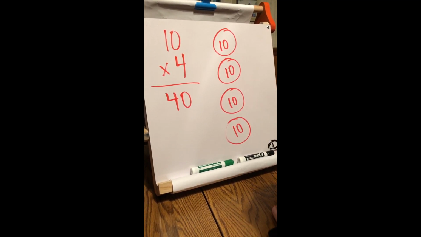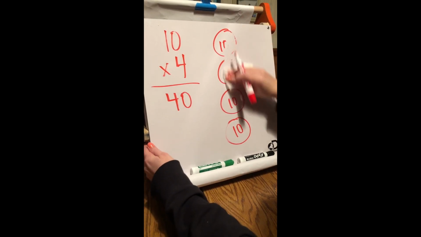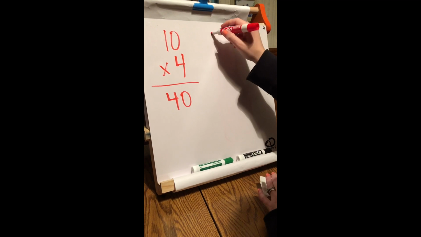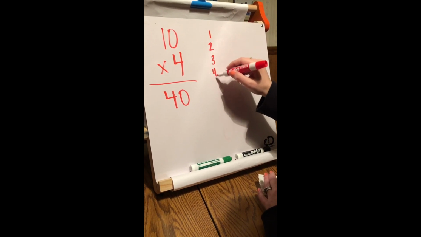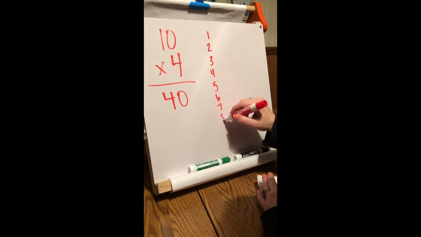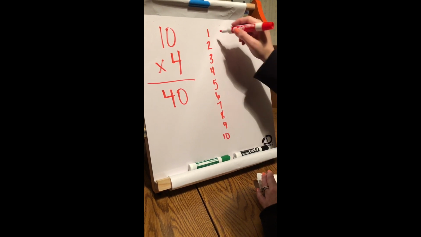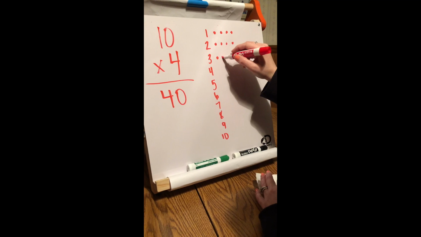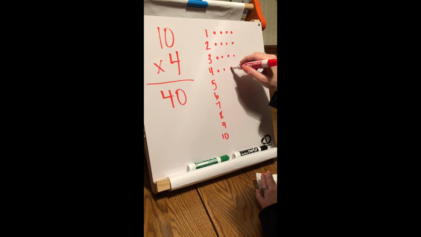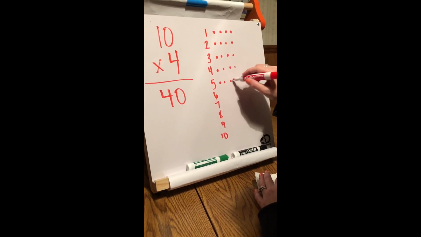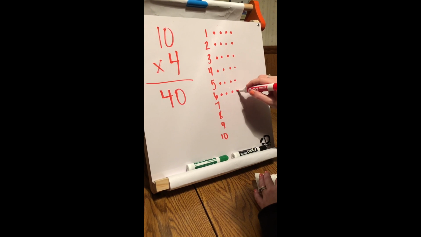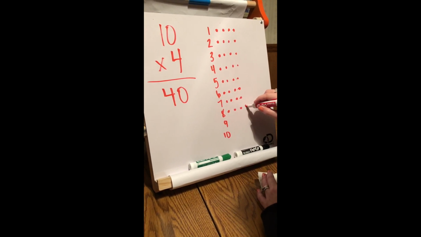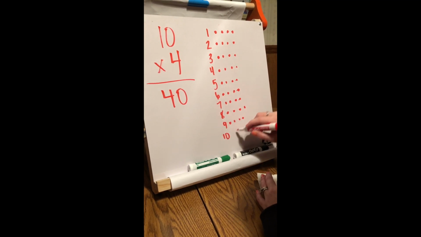You could draw an array that has 10 rows and put 4 in each row, and then you could count up all of your little dots. And yes, this does take a while, but to check to make sure that you're right, you can do this strategy. Or you could use repeated addition.